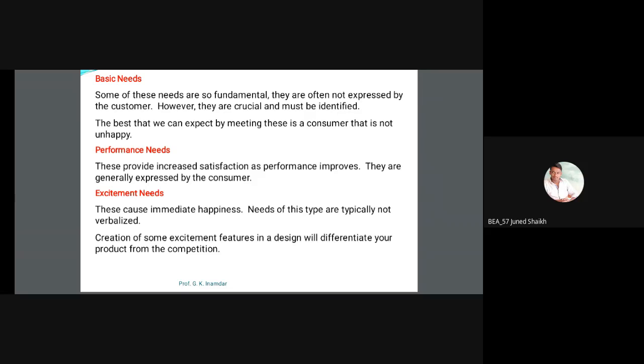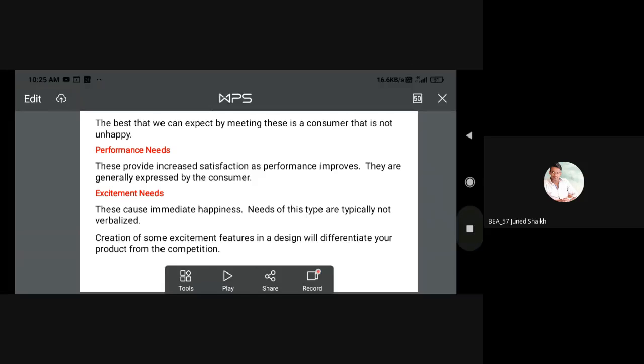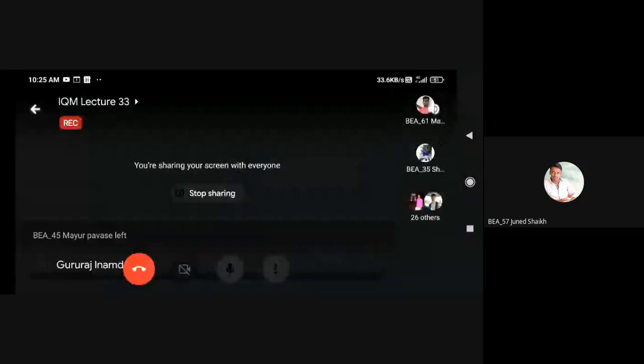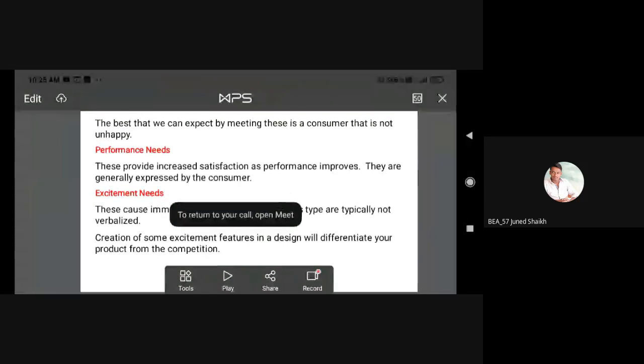Is it right? So for that purpose, suddenly the market demand for the internet and mobile increased. So this is nothing but the exciting needs. Those customers' needs we also have to fulfill. Whenever you start your managerial career, definitely you have to consider those factors also.